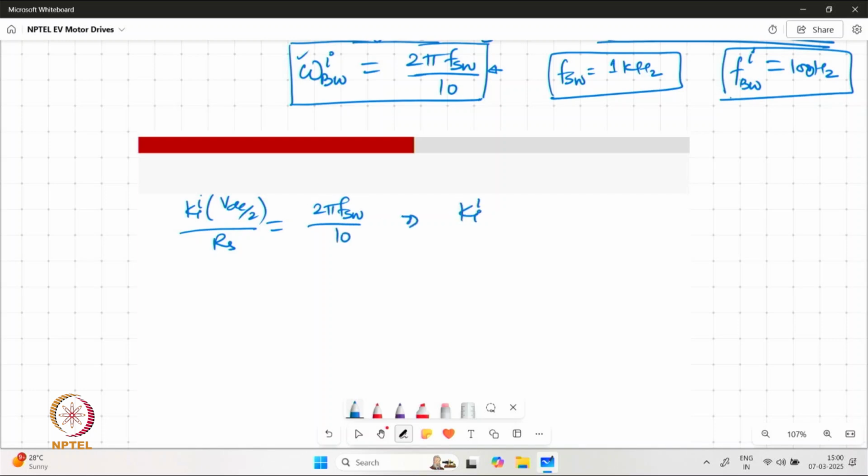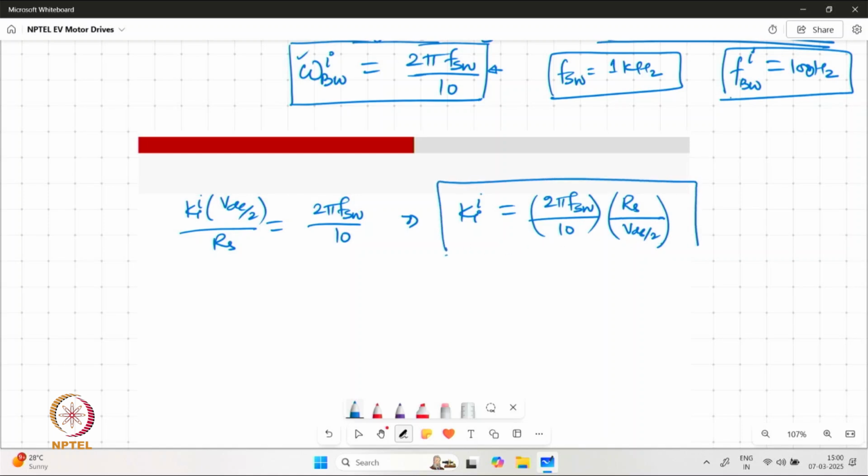And the Ki value can be represented in terms of switching frequency, resistance, and the gain of the inverter. Similarly, we can write the formula for Kp as well.